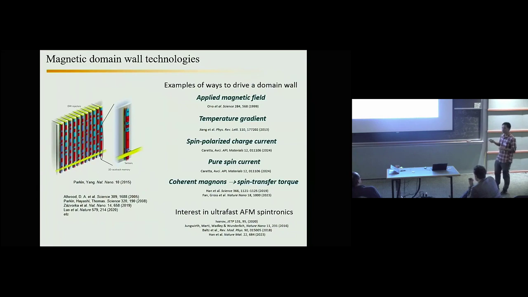And especially in recent years, there's been growing interest in looking at magnetic domain wall dynamics in antiferromagnets, because there's an advantage as far as speed and also robustness against environmental noise that's been conjectured for AFM systems. Okay? So the talk today is going to be focused on antiferromagnetic Mott insulators that may have some applications to this field.